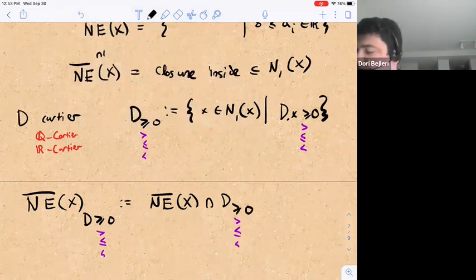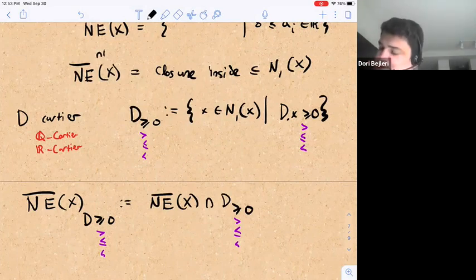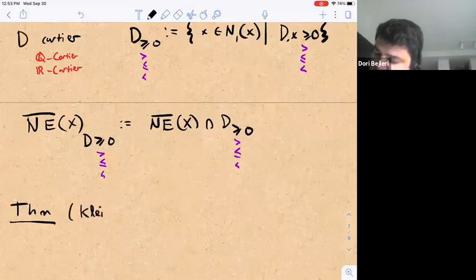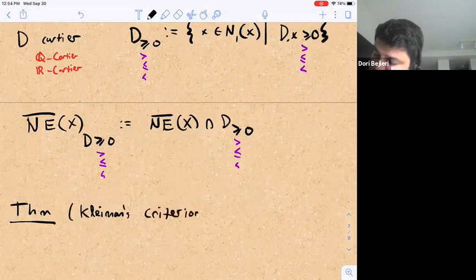Okay, and now we can restate Kleiman's criterion in this notation and in general. And next week we'll say a few more words about generalizing this even further and some sketch of a proof.